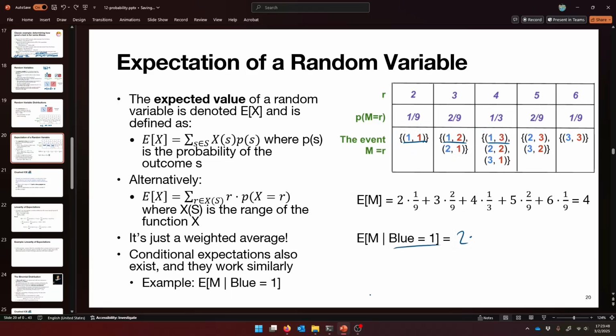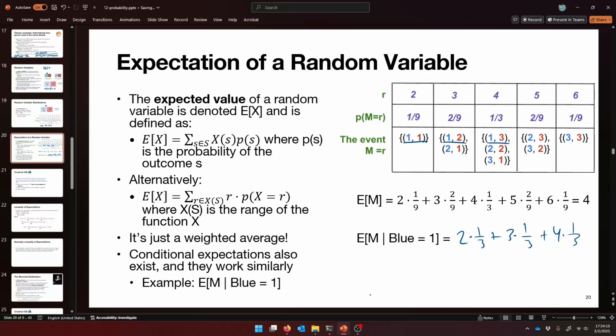Now, if we know that the blue spinner was 1, we're conditioning on that. 2 times 1/3 plus, it could have been 3, because it could have been 1, 2. And the odds of that is, again, 1 out of 3. Plus, it could have also been 4, could have been 1, 3, and the odds of that happening from your random variable is, again, a 1 out of 3 chance.